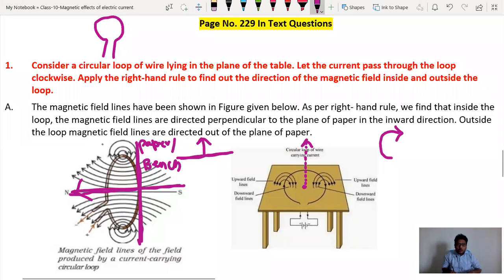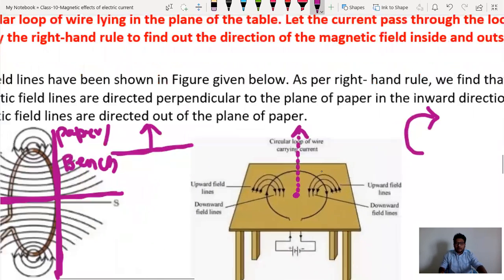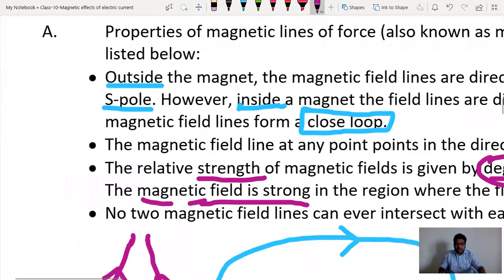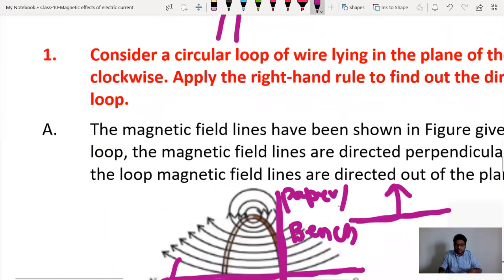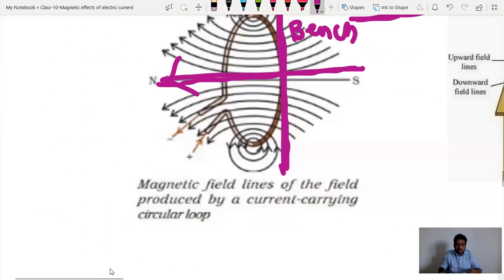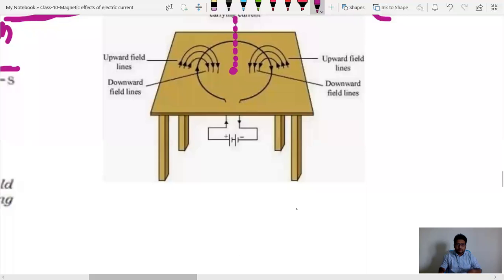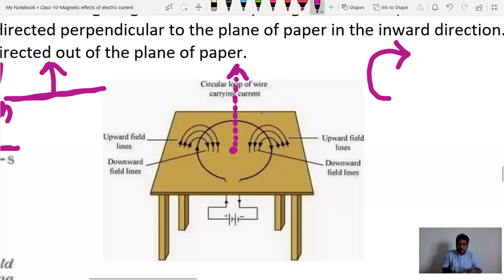Next, outside the loop the magnetic field lines are directed through the paper. Now let us try to apply the right hand rule. First, they told us current is passing in a clockwise direction.